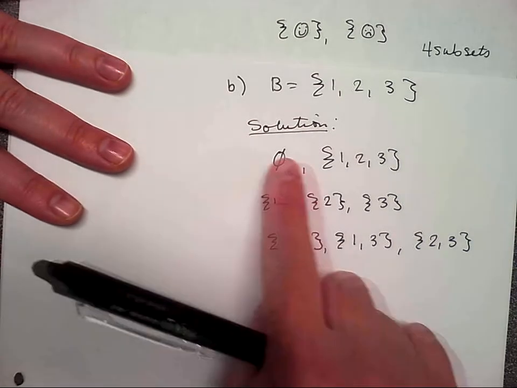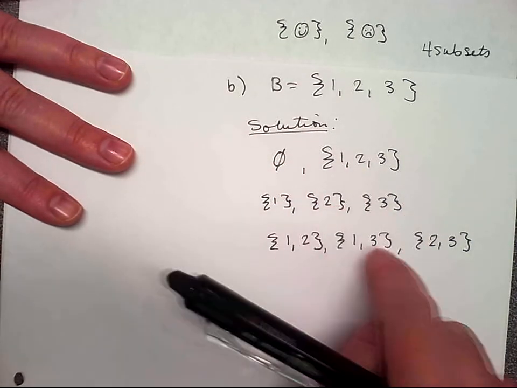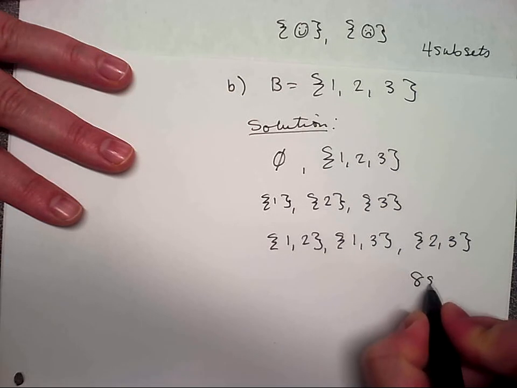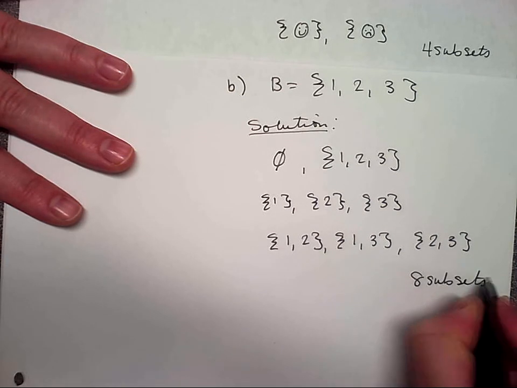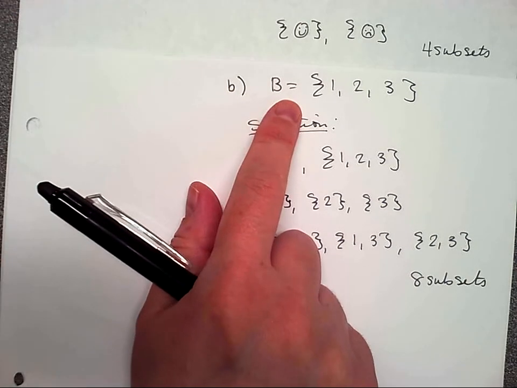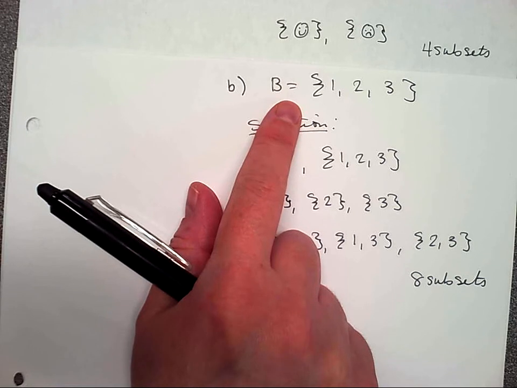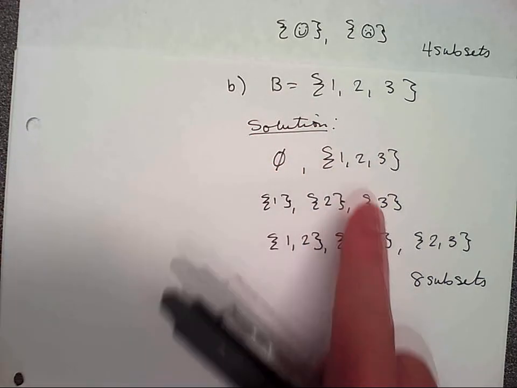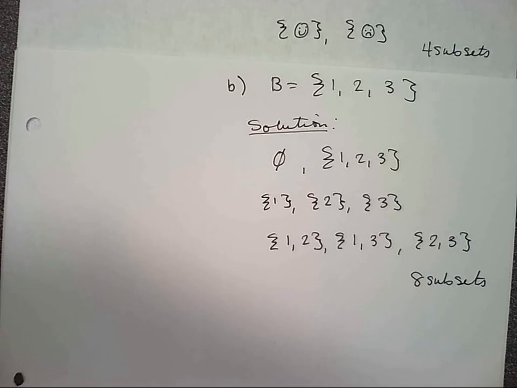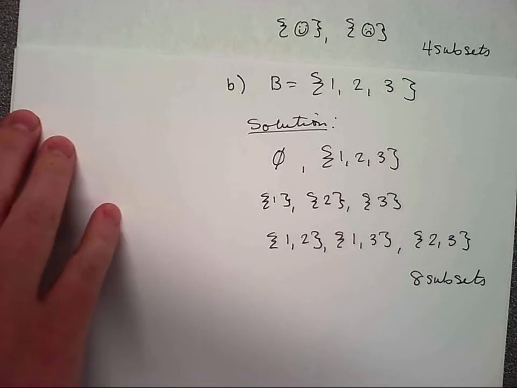No, so I think we're good. 1, 2, 3, 4, 5, 6, 7, 8 subsets. So any set with 3 elements is going to have 8 possible subsets. People's biggest mistake is they forget the empty set and the whole set. So that's always the first thing I write out because it's easy to remember.